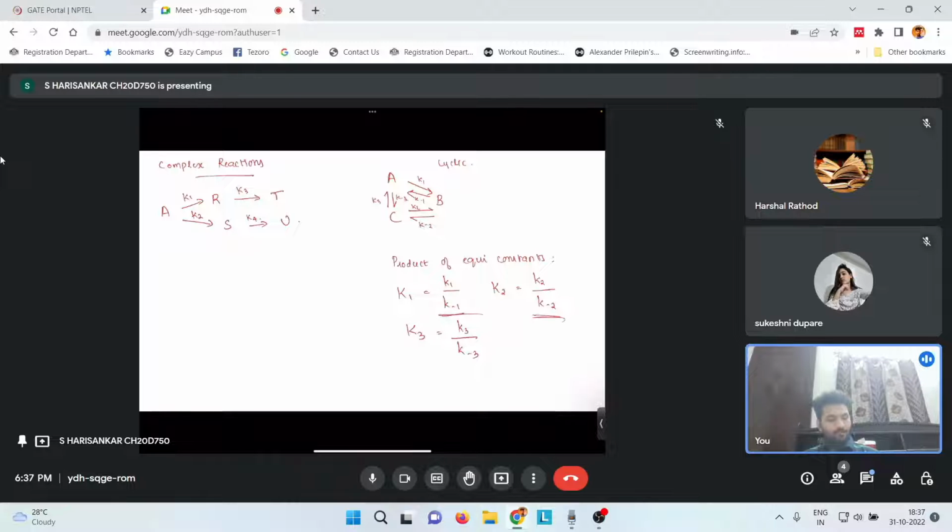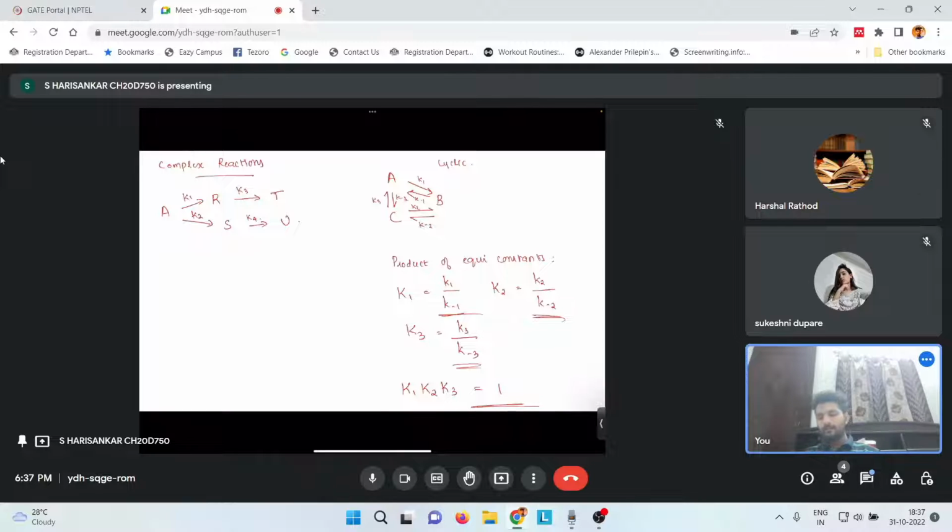So these are called equilibrium constants. The equilibrium constant is basically the reaction rate constant of the forward reaction divided by the reaction rate constant of the backward reaction. And for cyclic reversible reactions, we learned that the product of equilibrium constants K1, K2, K3 will be equal to 1.